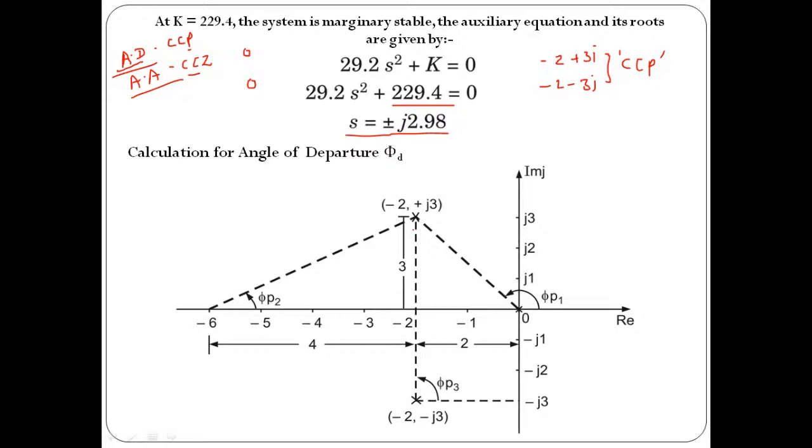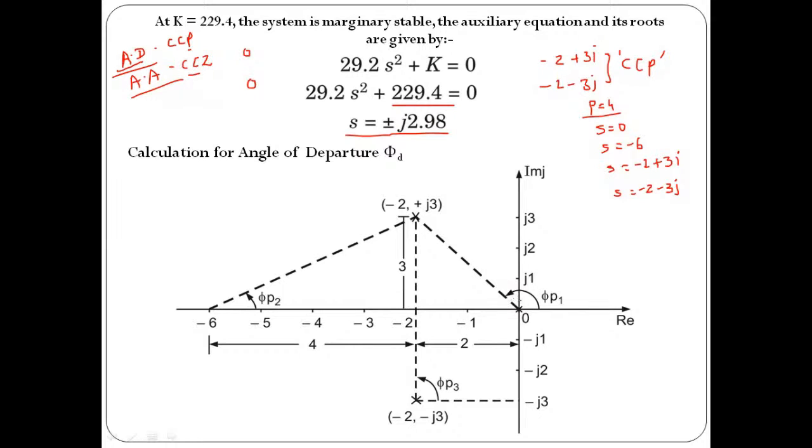But we discussed in detail in the theoretical aspect what exactly the angle of departure is and how we can calculate it. So what we need to do is, first of all, create a structure where we draw all possible poles and zeros corresponding to the system. With respect to the open loop transfer function of the system, here we have four poles, out of which one pole is available at 0, another at -6, another at -2 plus 3j, and another at -2 minus 3j.